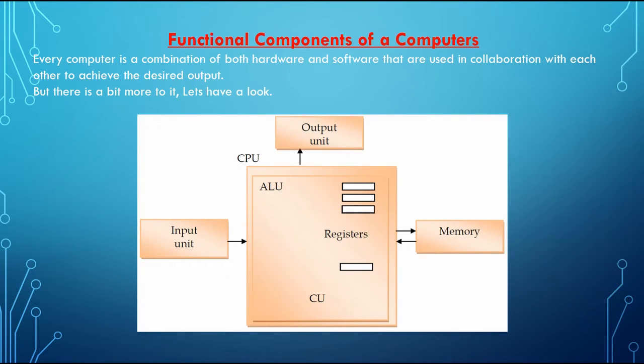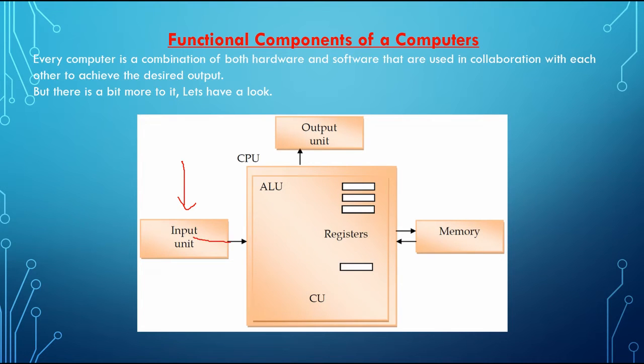Now let's have a look at the basic working of a computer, that is the functional components of a computer. Every computer is basically a lot of hardware and a lot of software that work together to give us the desired output, whatever we want in the end. Now the data that we have, we input that through the input unit.